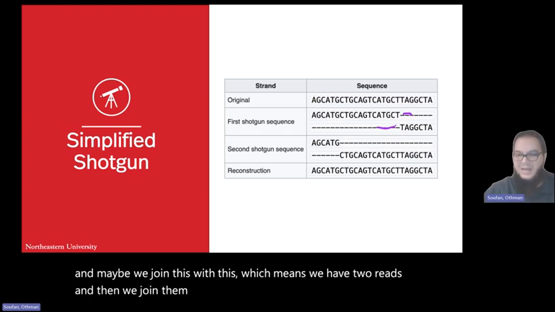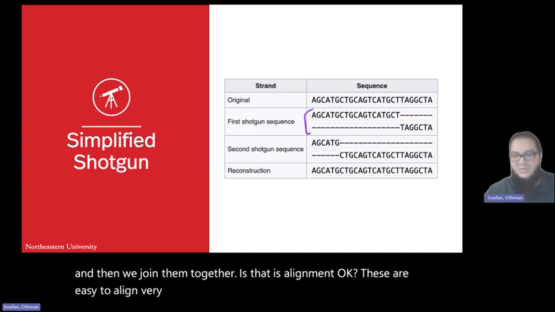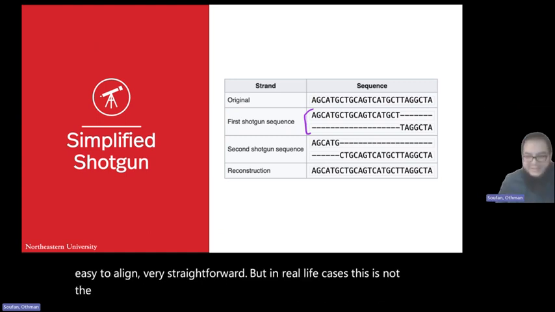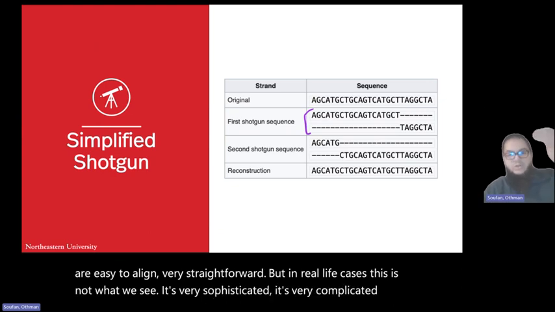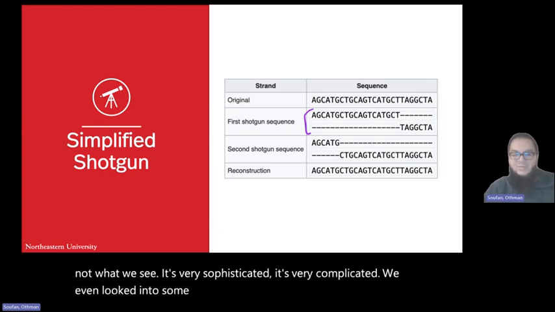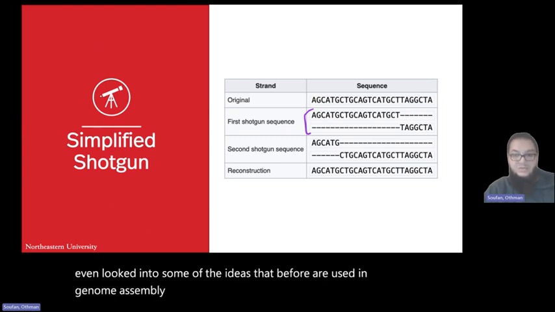That is alignment, okay? These are easy to align, very straightforward, but in real life cases, this is not what we see. It's very sophisticated, it's very complicated. We even looked into some of the ideas that are used in genome assembly algorithms, right?